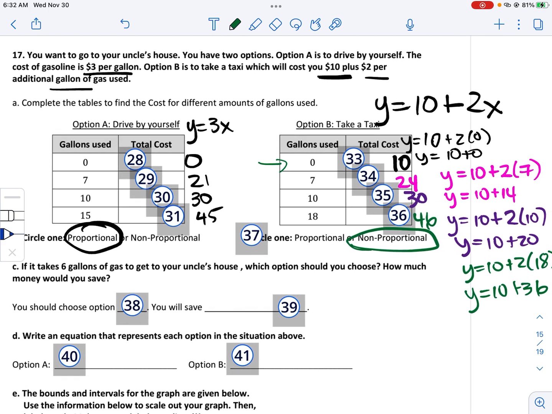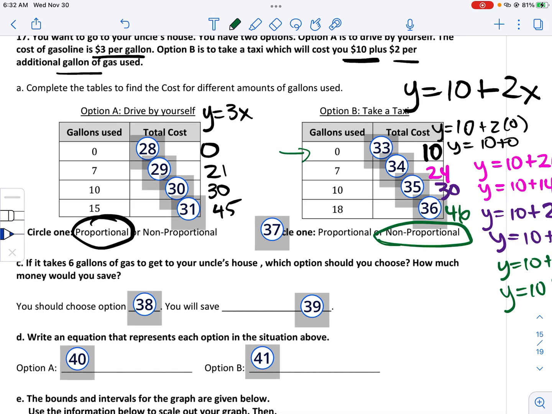Okay. So if I did option A, that would be 3 times 6, which is 18. If I did option B, that would be 10 plus 2 times 6, y equals 10 plus 12.